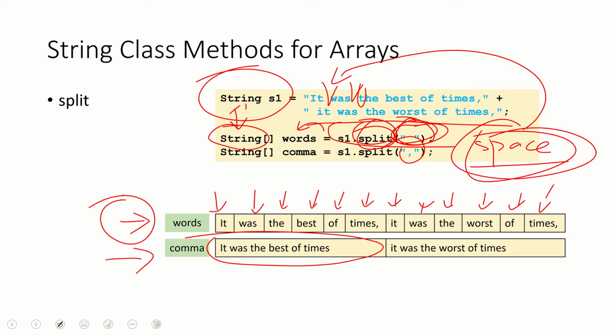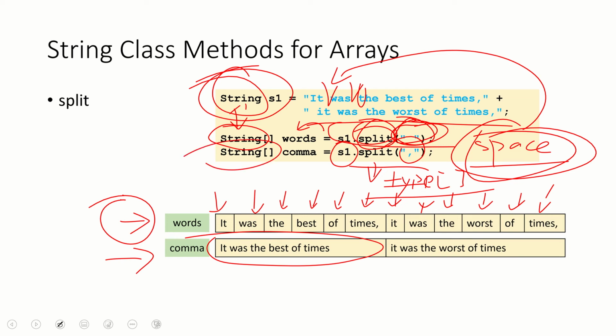Another thing you need to be careful about: this split method returns a type, an array. What does type mean? It is what we get when we call split. For example, string s1, if we call split, it will return a string array.